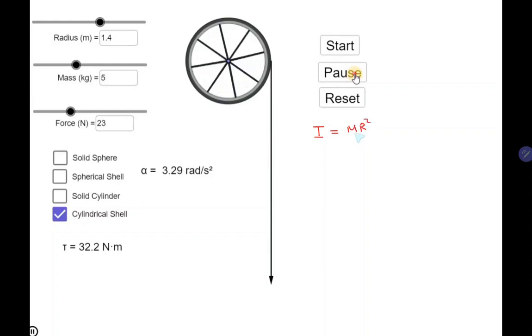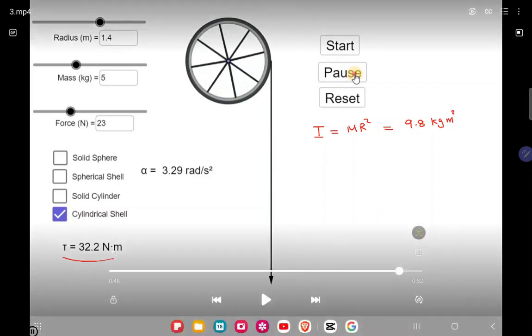M is equal to 5 kilograms, R is equal to 1.4, and I in this case is 9.8 kilogram meter square. Tau, the net torque, is constant. In this case it's equal to 32.2. So alpha in this case will be equal to 3.29 rad per second square.